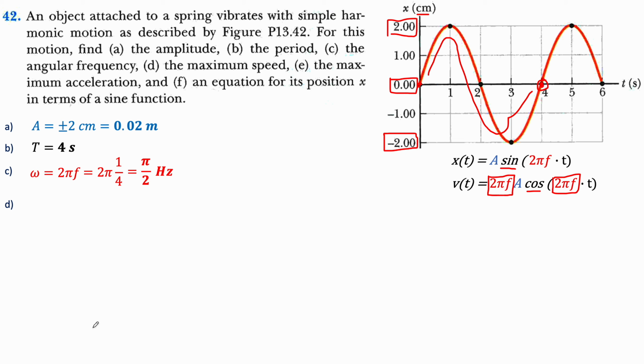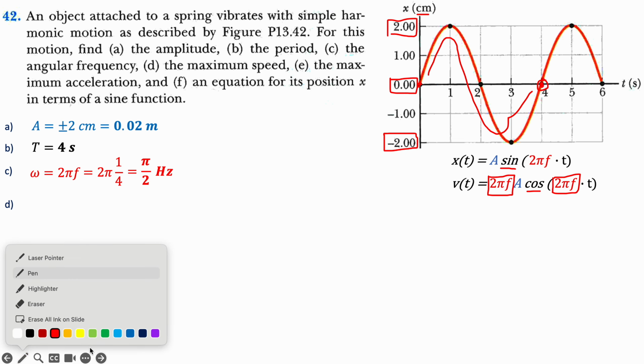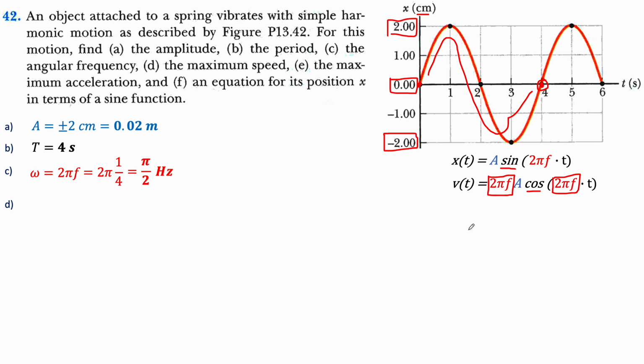And you might say, okay, great, that's nice, but how in the world do I figure out what the maximum of this equation is? Well, take a look at the cosine function. The largest and smallest the cosine function could ever be would be either positive 1 or negative 1. That's it. It can't go beyond that value.